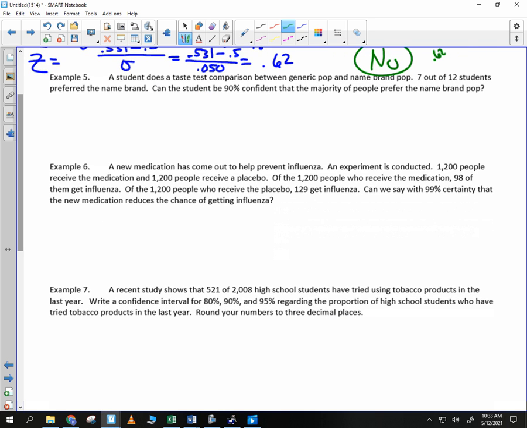A student does a taste test comparison between generic pop and name brand pop. Do you think you could tell the difference between generic pop and name brand pop? Tell your friends what you think. Go. Make sure you give an example.